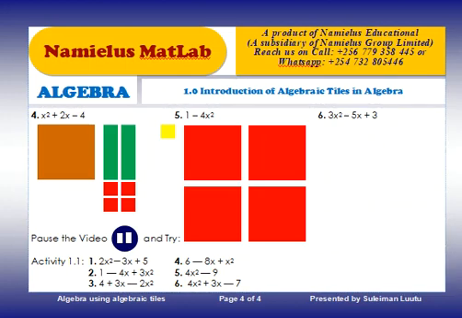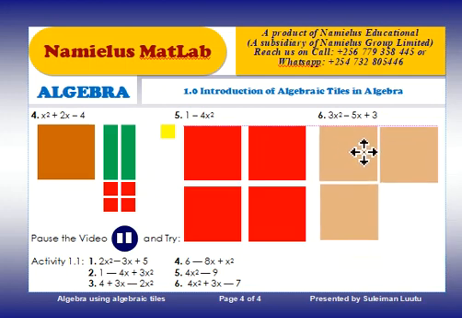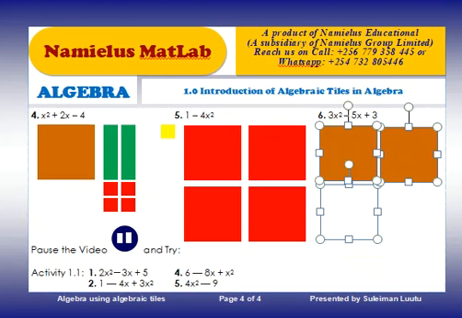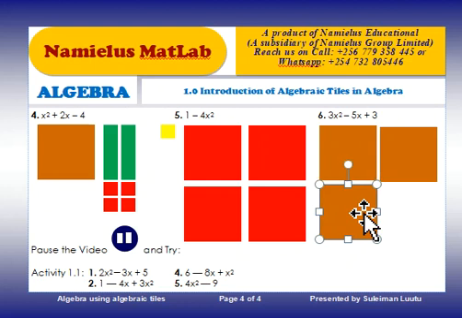Now, number 6 is 3x. So 3x, this is what we have here, and then minus 5.